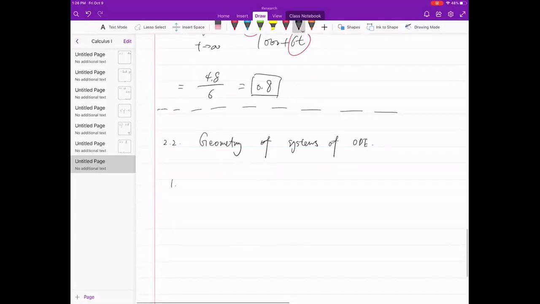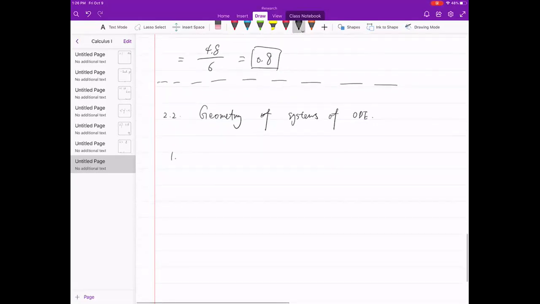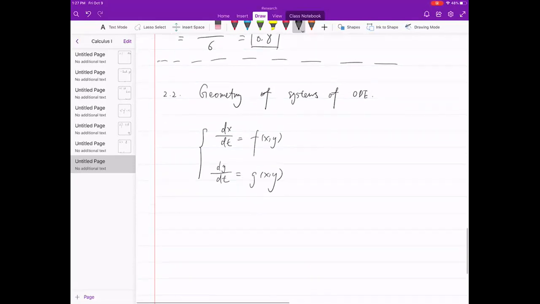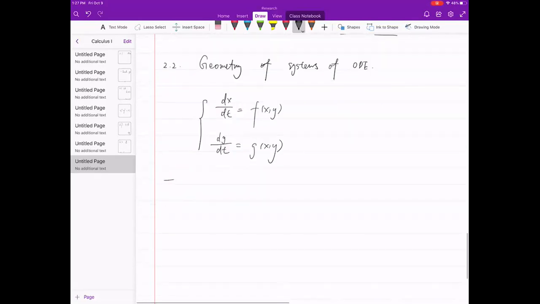We talk about two things. Well, if you have a system which looks like this, dx over dt equals f(x,y), dy over dt equals g(x,y). Okay, we have the following comments. The first one is this is autonomous because there is no t, only x and y.